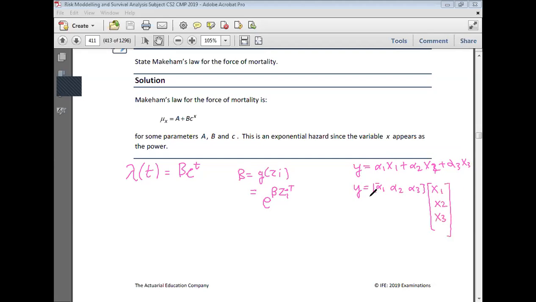If I multiply this row vector with this column vector, what I get is alpha 1 x1 plus alpha 2 x2 plus alpha 3 x3, which is what I have here. So I'm just redefining this coefficient vector as beta. I should have written beta 1, beta 2, beta 3, but just to keep the same notation, I'm writing this coefficient vector as beta here. This is again a vector, which has one row.